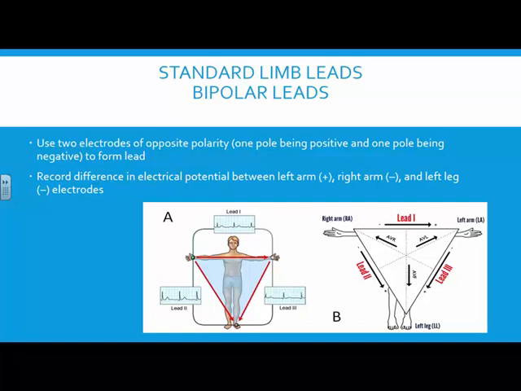One's going to be negative, one's going to be positive. You use 2 electrodes of opposite polarity to form a lead. You've got to have that negative to positive in order to get that view. This records the difference in the electrical potential from the left arm, the right arm, and the left leg electrode.